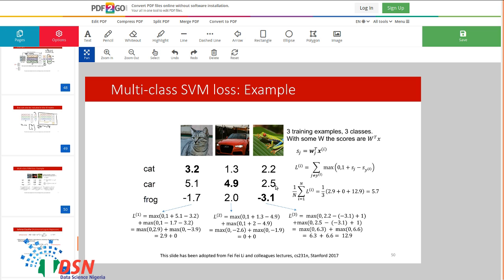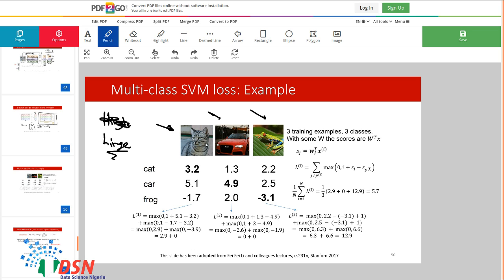Okay, so this is an example of hinge loss values for some images. Let's say we have a cat here, a car and a frog here, and we trained our model, and we want to know what the loss function is for each of the inputs.